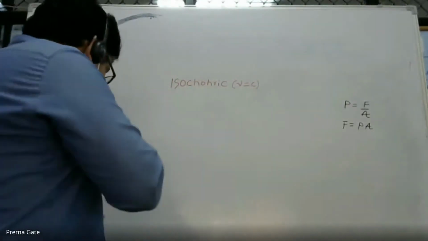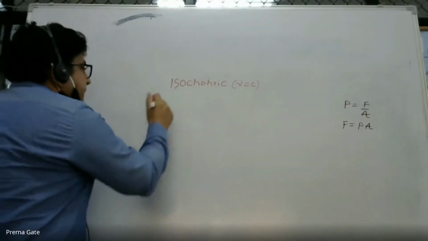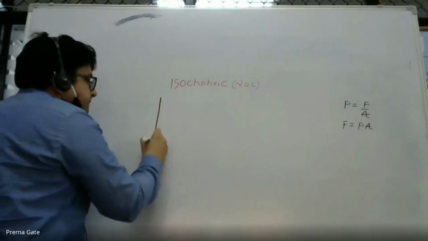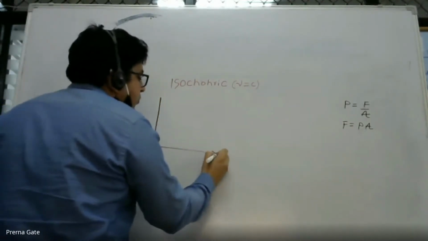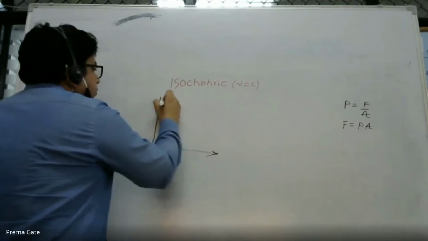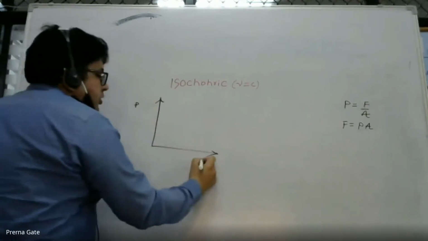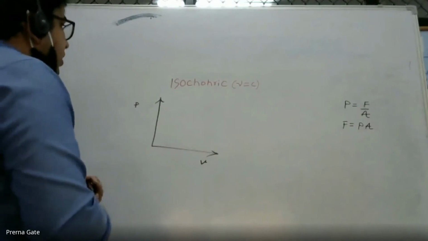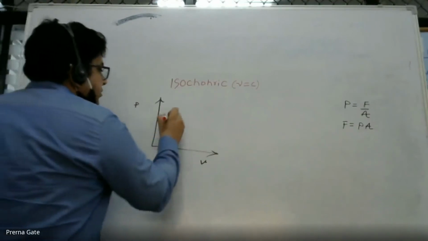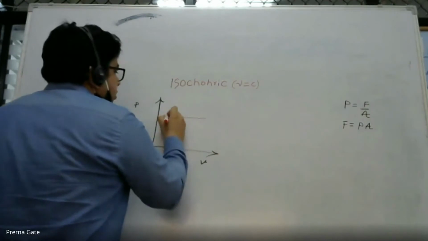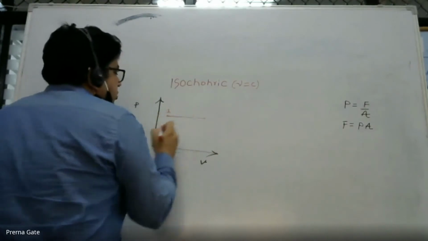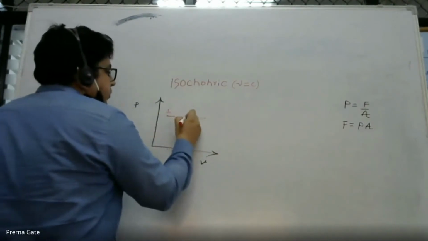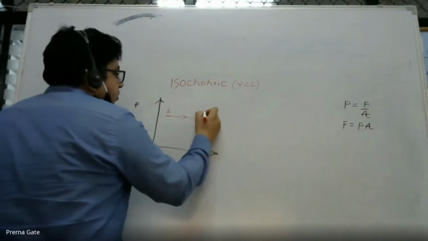So I would like to represent it on a PV diagram. It is a pressure-volume diagram, and I am representing an isochoric process. So this is the initial state. This is the final state.